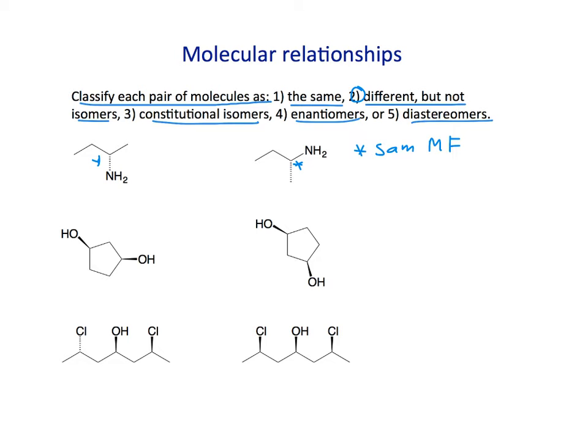So we can go about this in two different ways. We can either determine R or S for the two stereogenic centers. If they're the same, then they're going to be the same molecules. If the R and S are different, then they would be enantiomers. Or we can manipulate one of the molecules to try to make it superimpose with the other. So let's do strategy number 2 first.